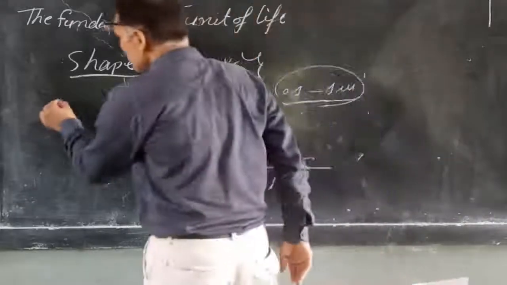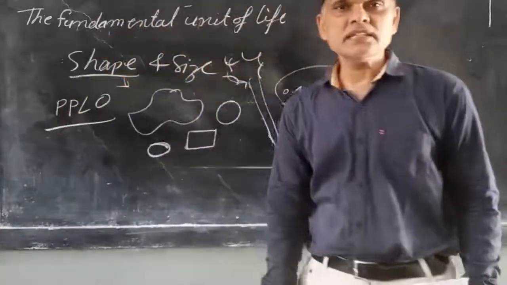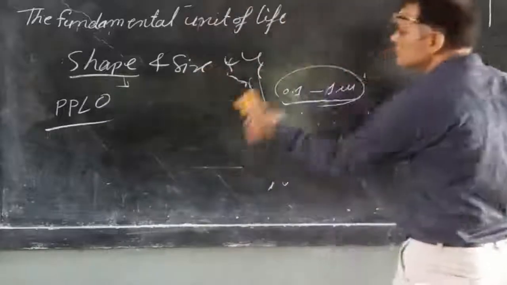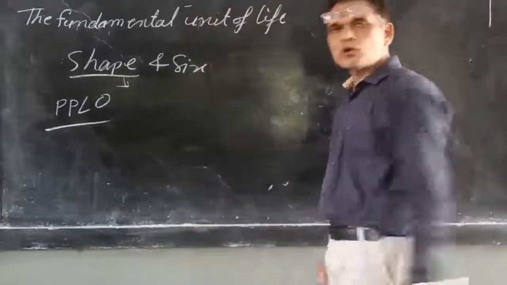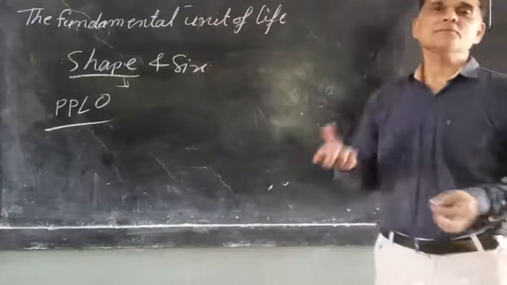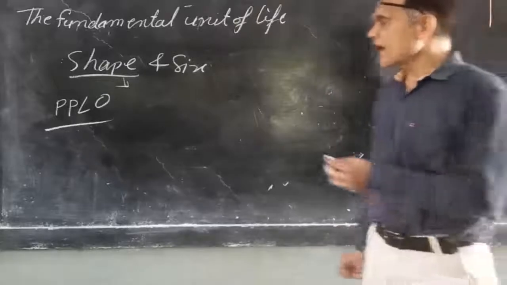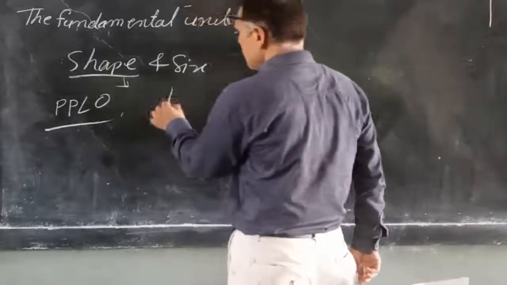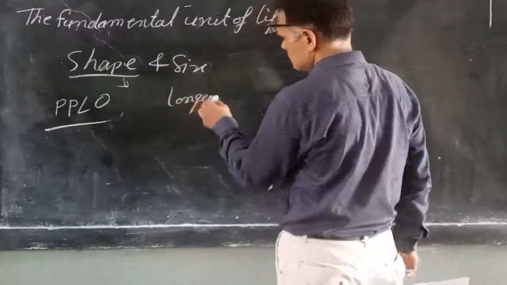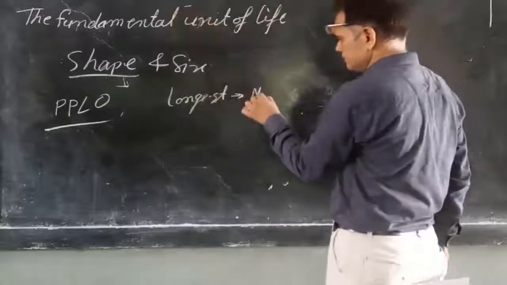The smallest cell is that of PPLO. PPLO means pleuropneumonia-like organism. It is a type of mycoplasma, and that is the smallest cell. The longest cell is the neuron.